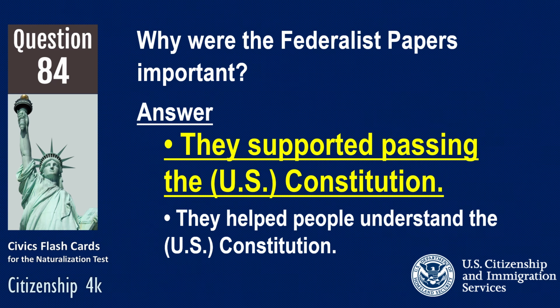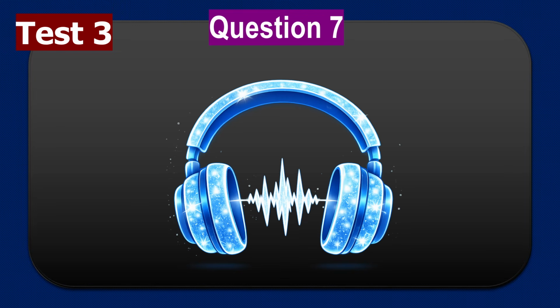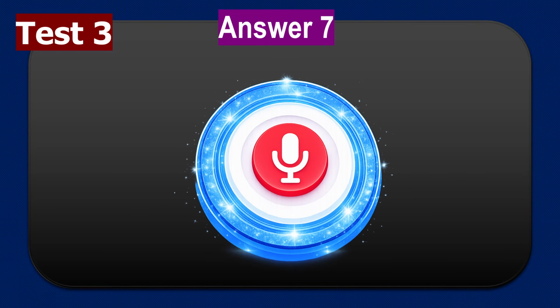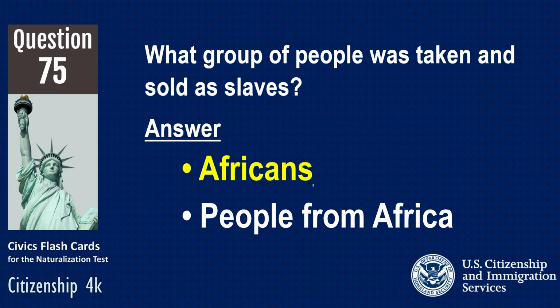They supported passing the U.S. Constitution. What group of people was taken and sold as slaves? Africans.